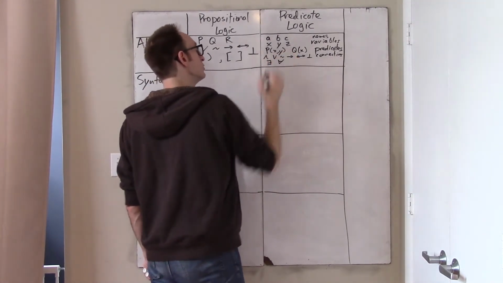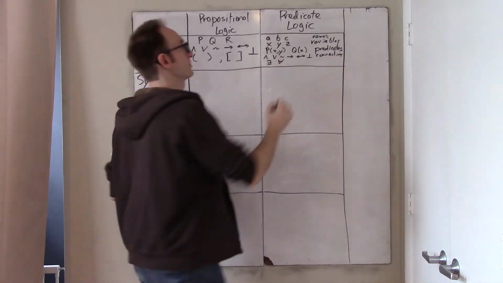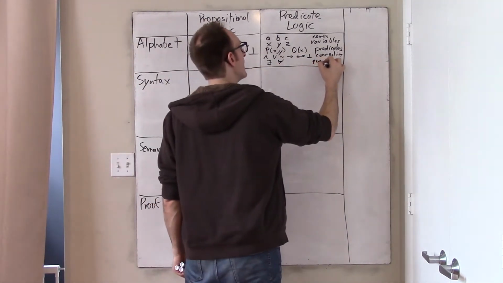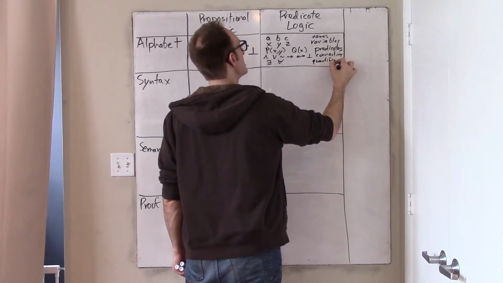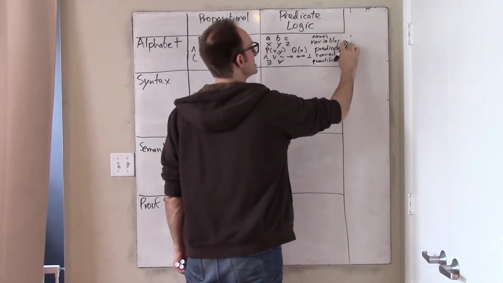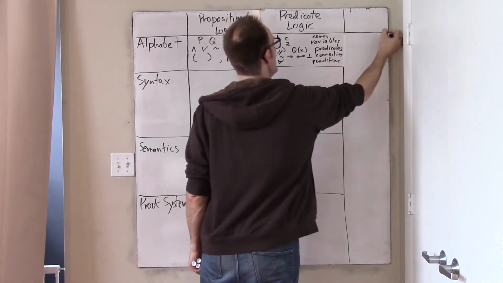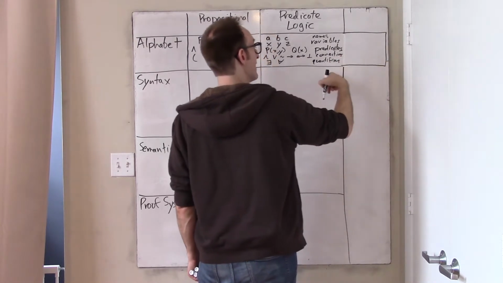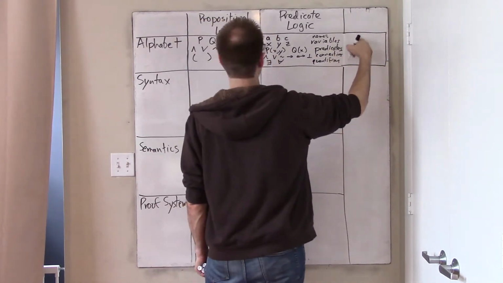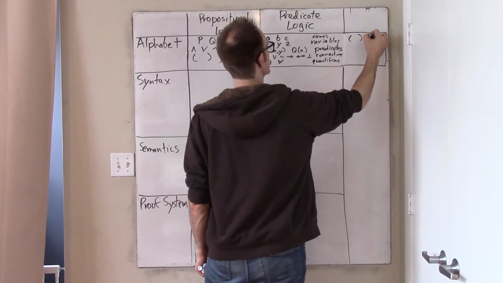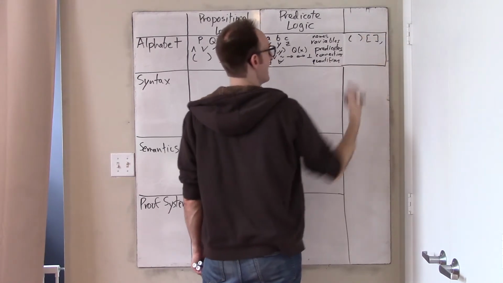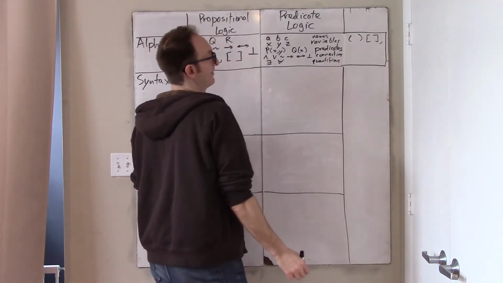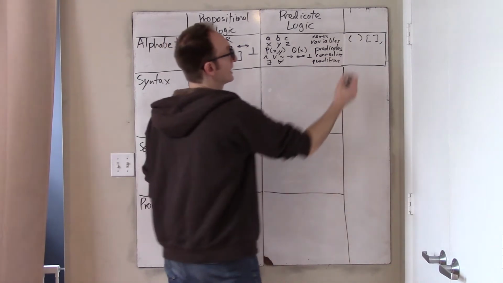So these new quantifiers, this one meaning there exists, and this one meaning for all. And then I still also have punctuation, so I still have parentheses. Okay, this is kind of boring and obvious. And I still have equals.